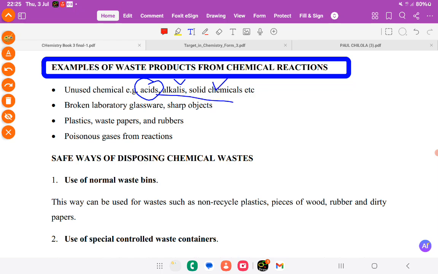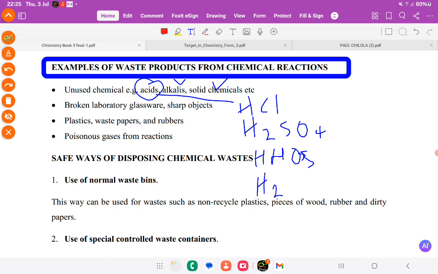Examples of acids include hydrochloric acid, sulfuric acid, nitric acid, carbonic acid, and any other acids which may not be useful or used for a long time. They are considered to be chemical waste. These are examples of acids in case you're wondering what the examples could be.